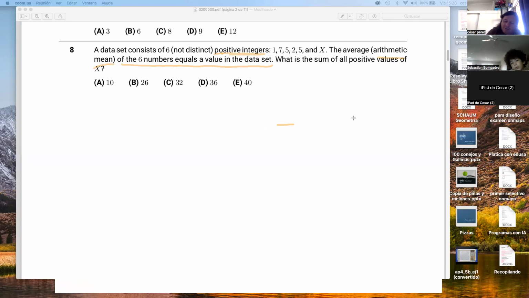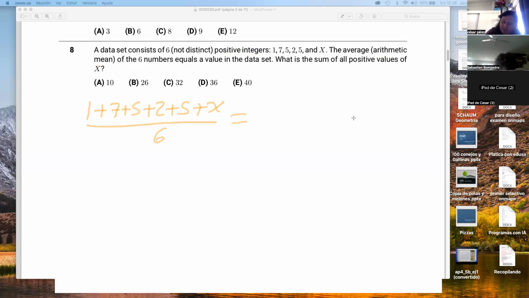I will write it again. It will be faster if we write again. Okay. We have 1 plus 7 plus 5 plus 2 plus 5 plus x divided by 6. Okay.